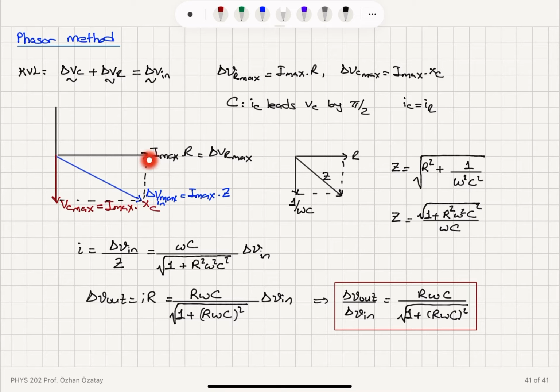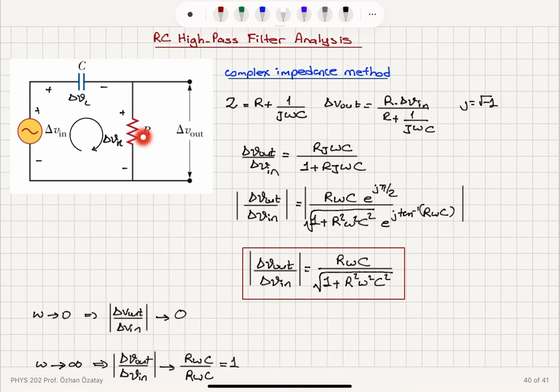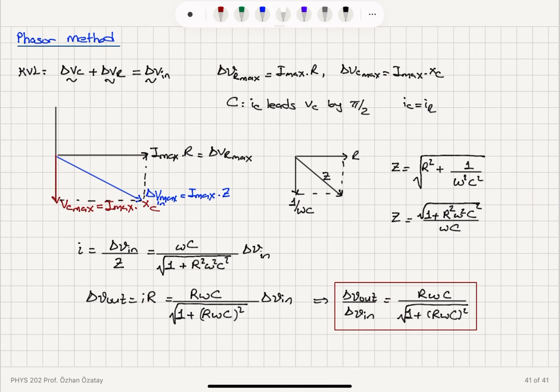If we plot this one like this, then the capacitor will have a voltage phasor that is 90 degrees behind the voltage phasor of the resistor, because the current that flows in the capacitor and the resistor will be the same. So this voltage phasor will be I max times XC. If we add these two phasors, we should get the voltage phasor for the AC source, delta V in max, which is I max times Z.